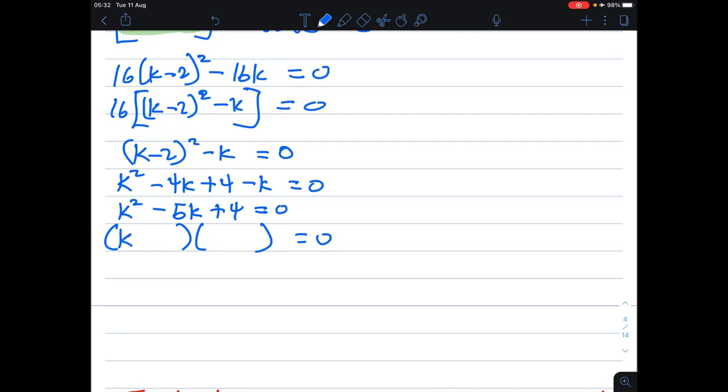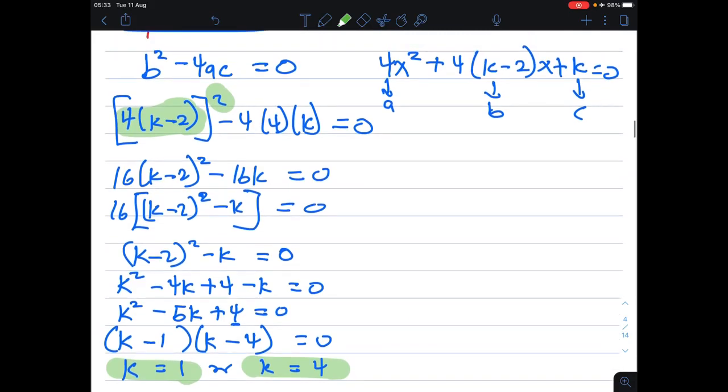So you have k here, we have k there. Then the next thing that we want to do is to look for factors of 4 which when added will give us negative 5, and that is negative 1 and then negative 4. So we have k equals 1 or k equals 4. And then we are done. So these values of k ensure that b squared minus 4ac is equal to 0.